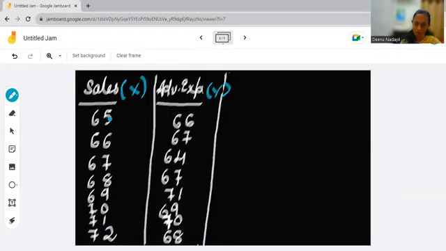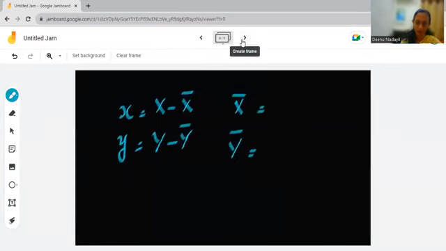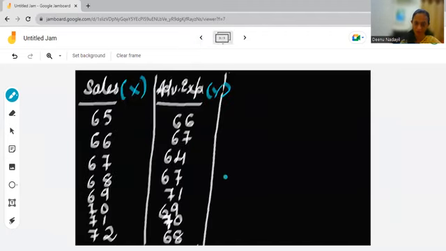So 65 plus 66 plus all these, you will be adding. X bar equals 65 plus 66 plus all those numbers. Don't put a dash here, I'm using dot dot. Plus till up to 71 plus 72, all those you have to write.